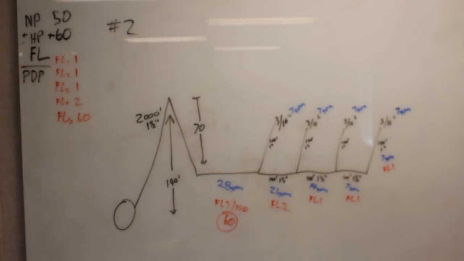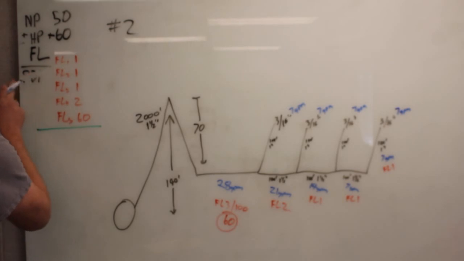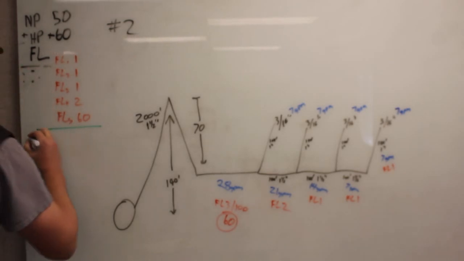So let's see, if I add all of this together, I get 50 plus 60 is 110, and so on, up to 175.